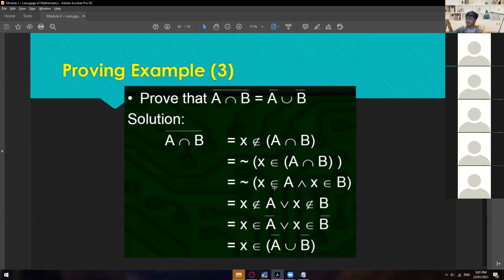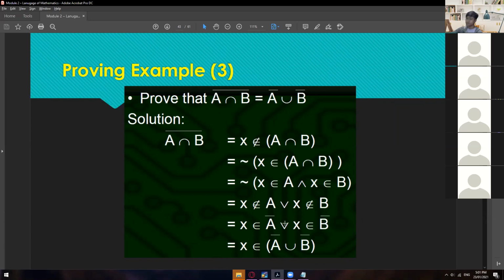So x is not an element of A, and then this AND became OR, and then x is not an element of B. And then from there, we have just distributed this one into our set. So x is an element of not A, or x is an element of not B.